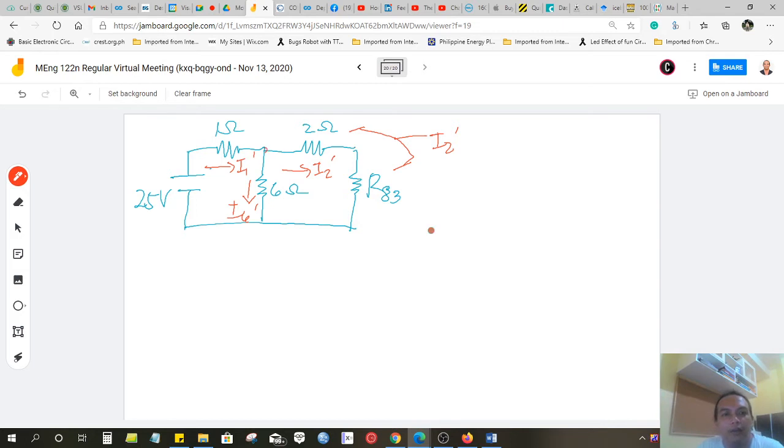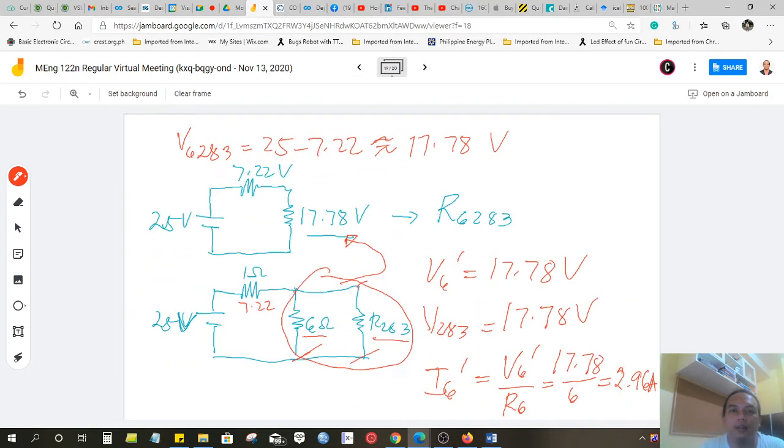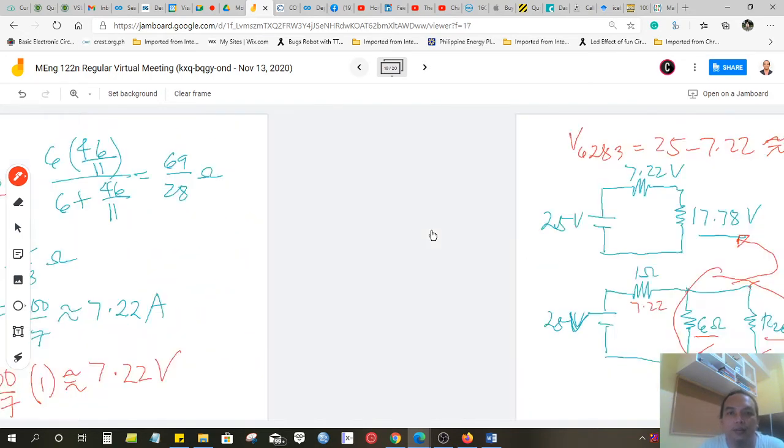How? Sa node, ang imong current I1 enters unya nigawas og I6 og I2 prime. Therefore, we can say that I1 prime is equal to I6 prime plus I2 prime. Therefore, I2 prime is I1 minus I6.